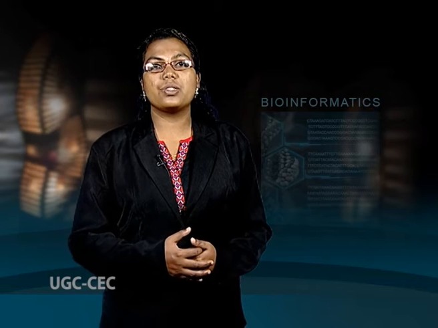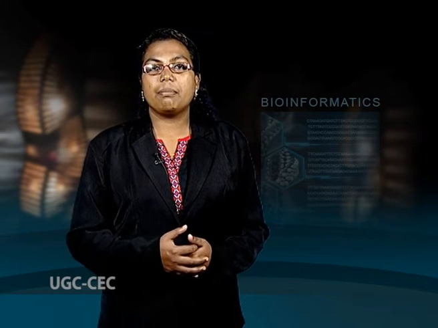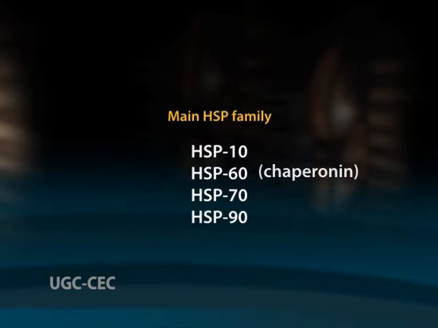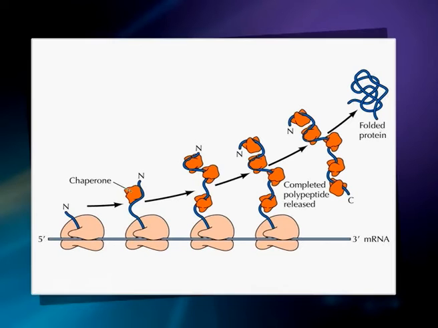HSPs are classified into various families based on their molecular weight. The main HSP families are HSP10, HSP60, HSP70 and HSP90. Among these, HSP60, also called chaperonin, is a well-studied chaperone. In this figure, we can see the action of chaperones during translation.